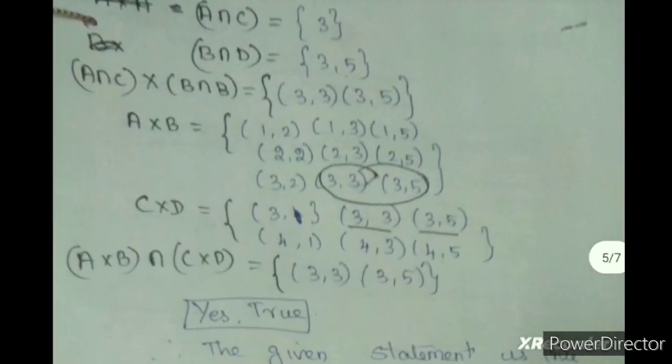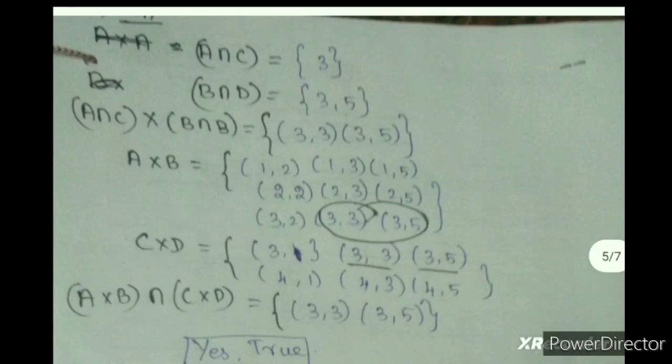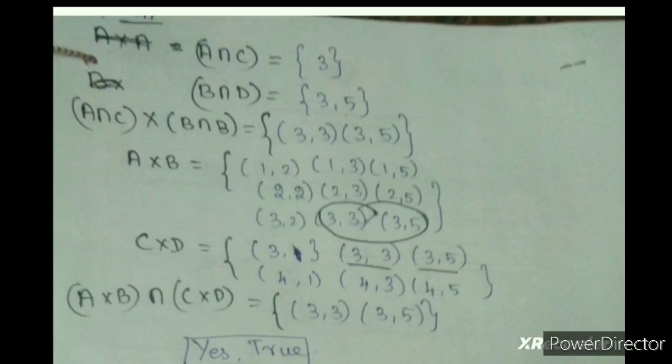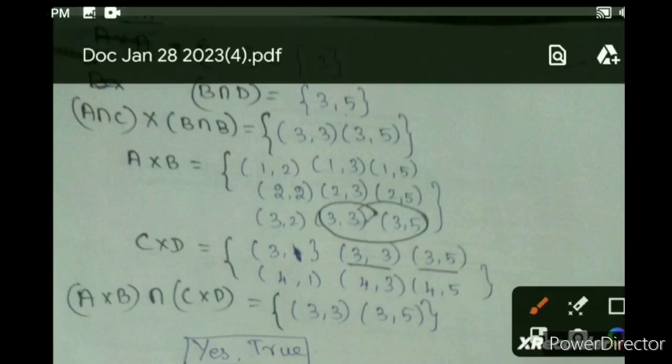For the next sum, A intersection C is equal to 3. B intersection C, A intersection C is equal to 3. B intersection B is equal to 3, 5. So by doing the cross product of these two, we will get 3 with 3 and 3 with 5. How do we find A cross B?